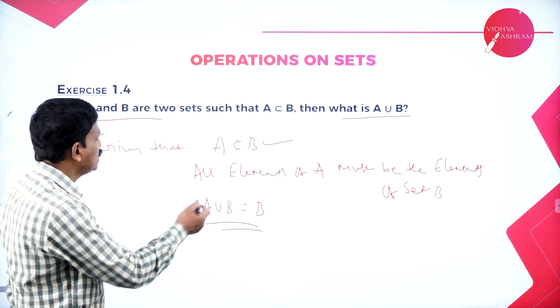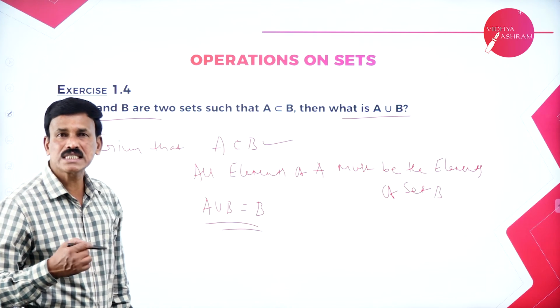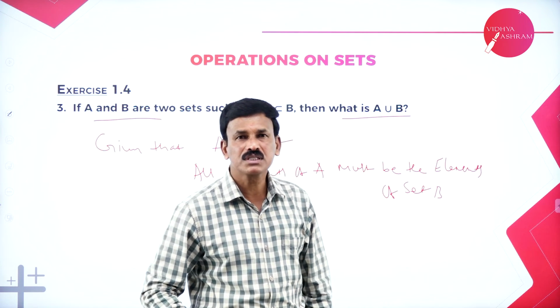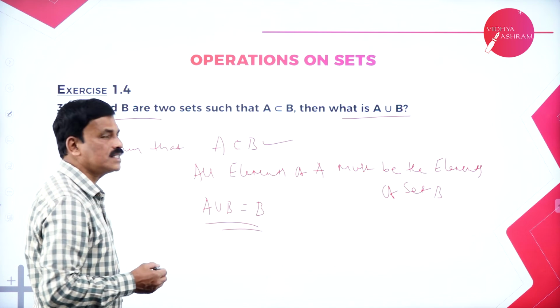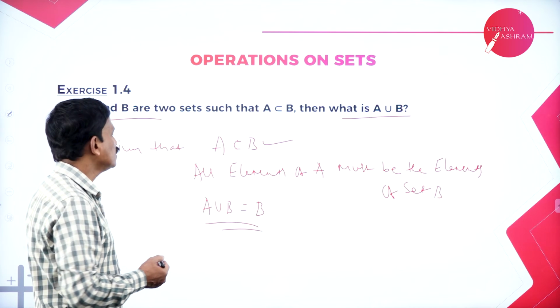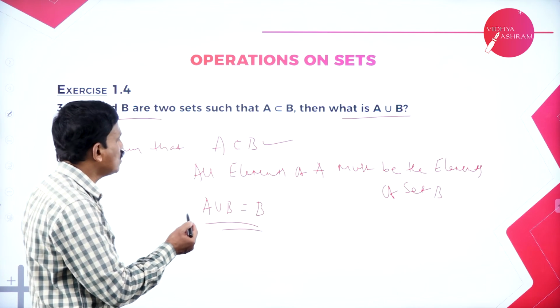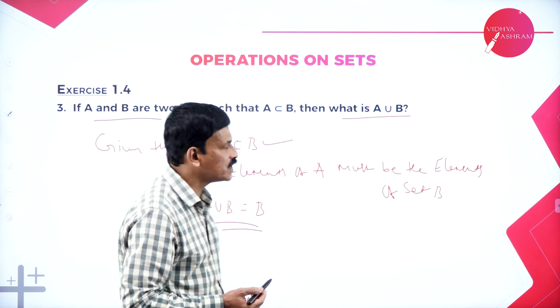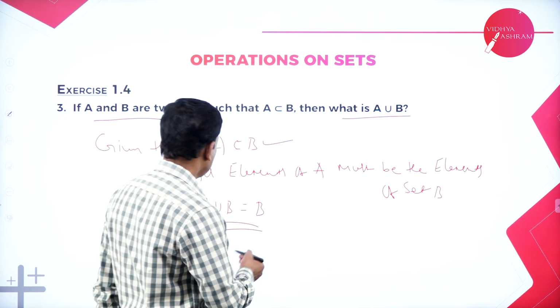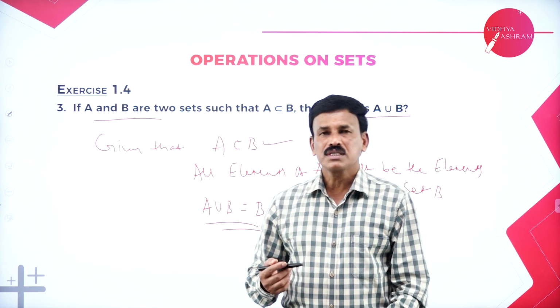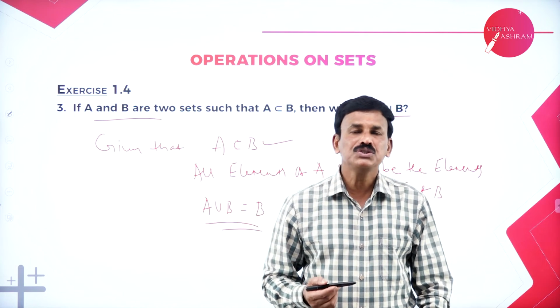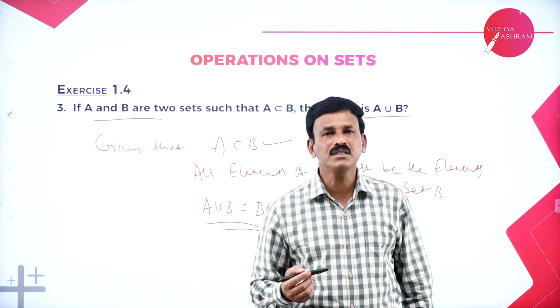Hope you followed this. Since all the elements of A are elements of set B, A union B is nothing but the set B itself. So, that's regarding the union, intersection and the difference.